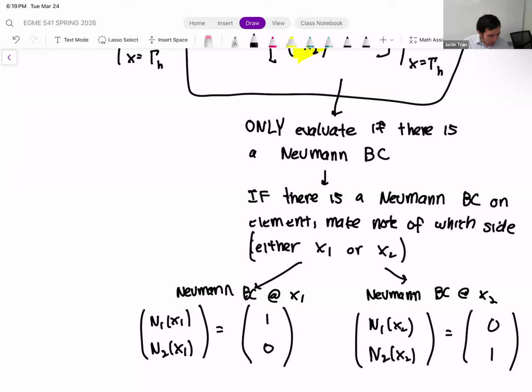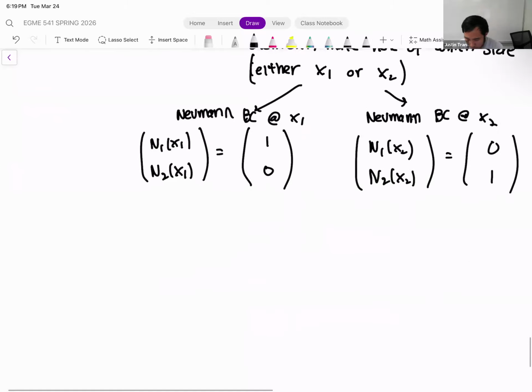Okay, all right, so let's go ahead and do an example. Hopefully it'll all come together with this example here. Let's consider this one-dimensional elasticity problem with 2 elements.